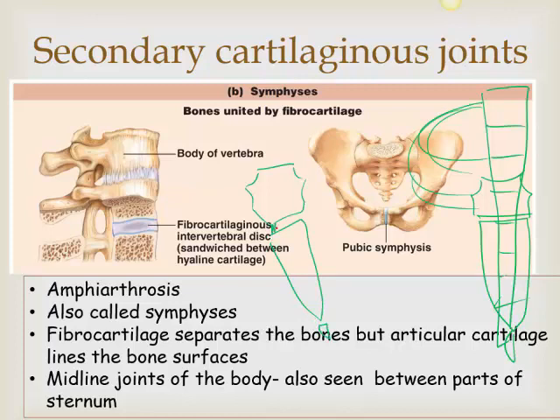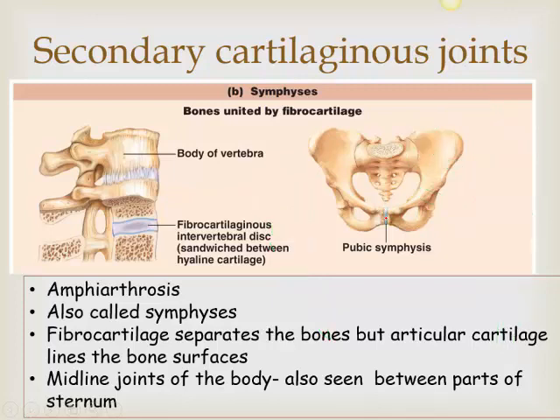In between the manubrium and the body, again, is fibrocartilage. In between the body and the xiphoid process is fibrocartilage, with of course articular cartilage covering this part and this part. So this again is in the midline. So can you see this is in the midline anteriorly. And down below here, between the 2 hip bones, in front, this area is called the pubic symphysis.